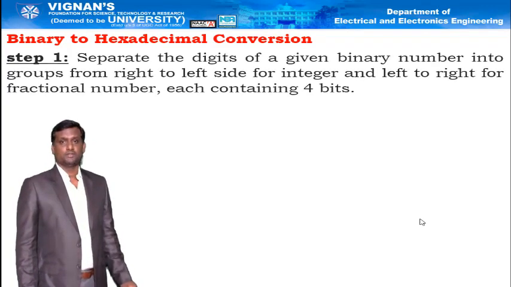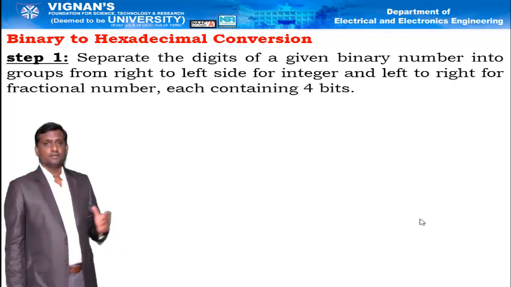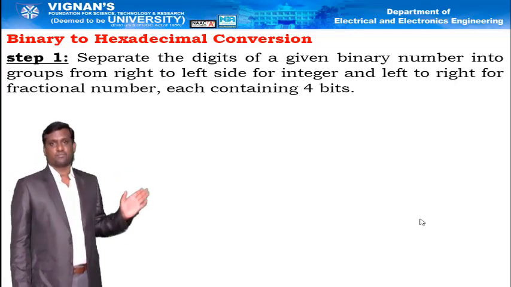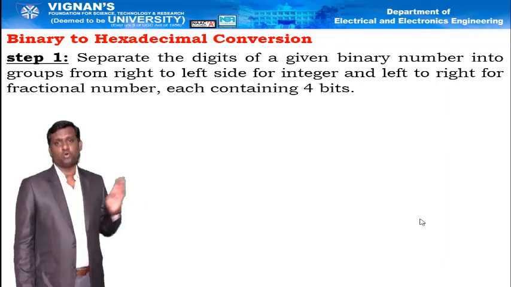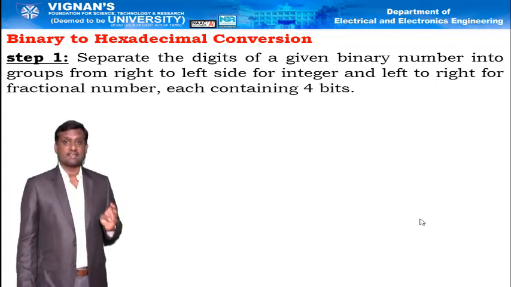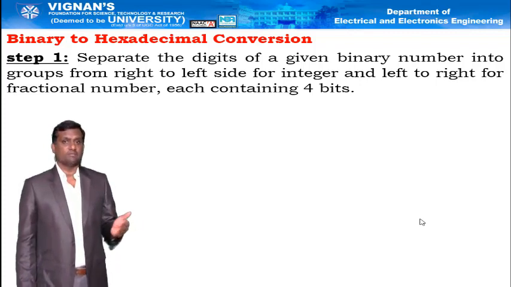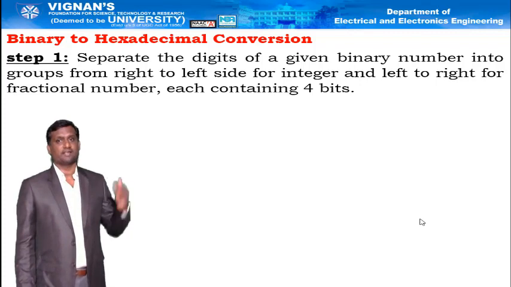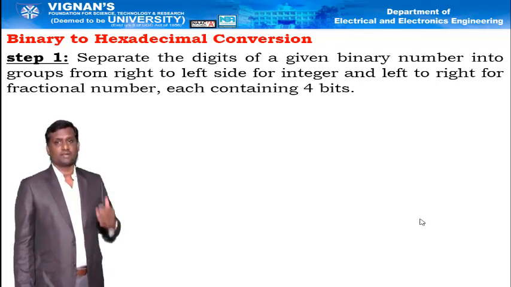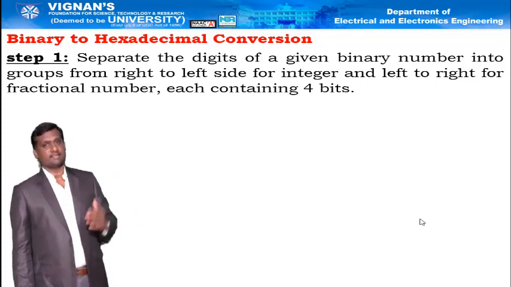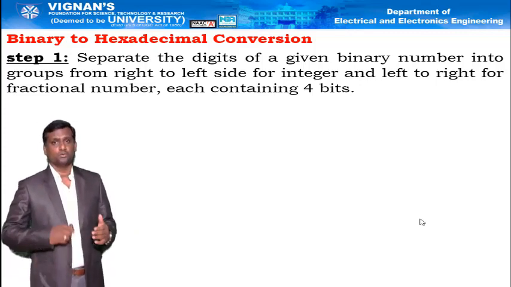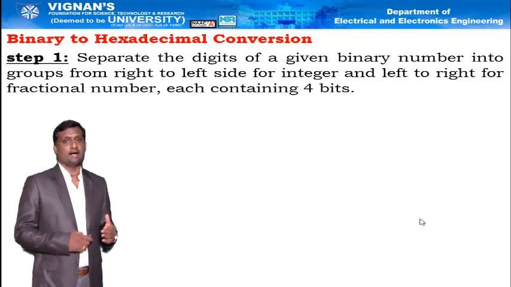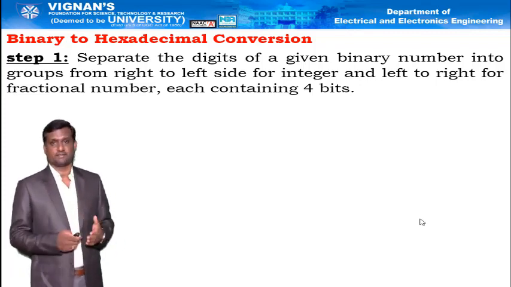Now we will see the binary to hexadecimal number system. Like in the binary to octal number system, here also we have to make groups of 4 bits, because the hexadecimal base is 2 power 4, which is nothing but 16. That's why 4 bits are required for the conversion of binary into hexadecimal. Like in octal we grouped 3 bits.